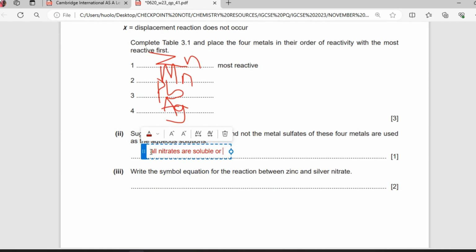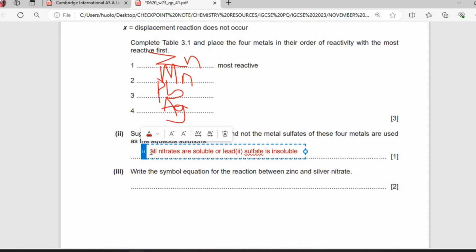Or, if you don't say all nitrates are soluble, you could say that lead(II) sulfate is insoluble.